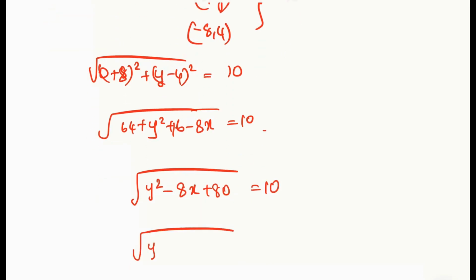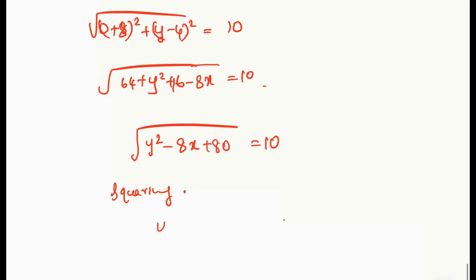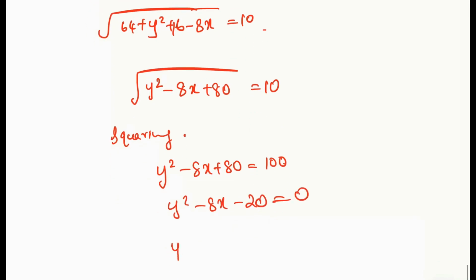Okay, let me square them first. Squaring this, I'll be getting y square minus 8y plus 80 equal to 100. y square minus 8y minus 20 equal to 0.